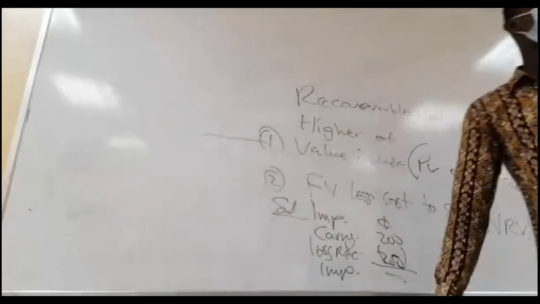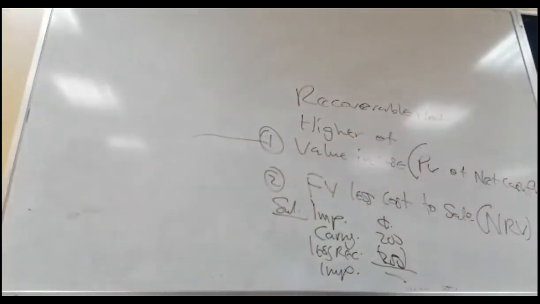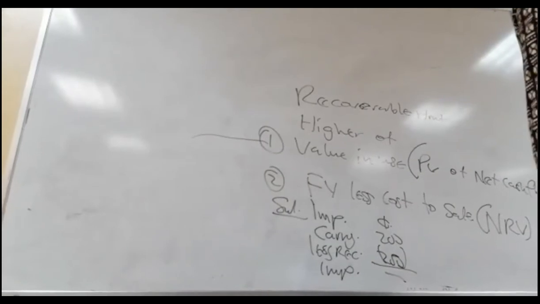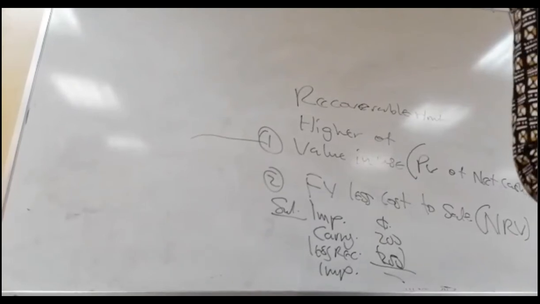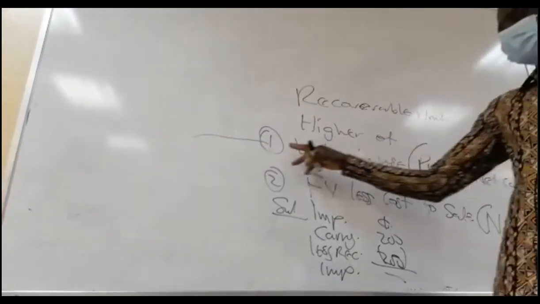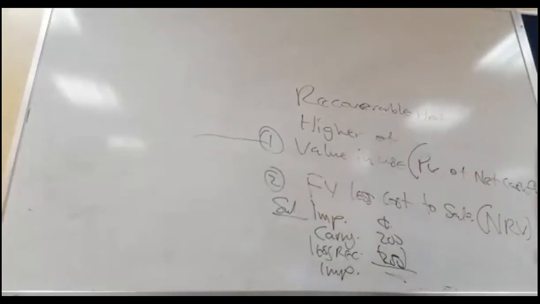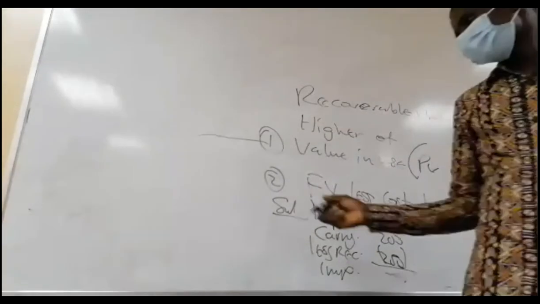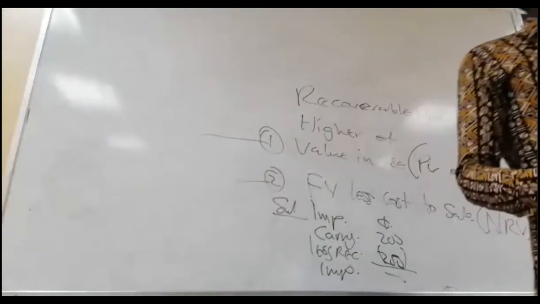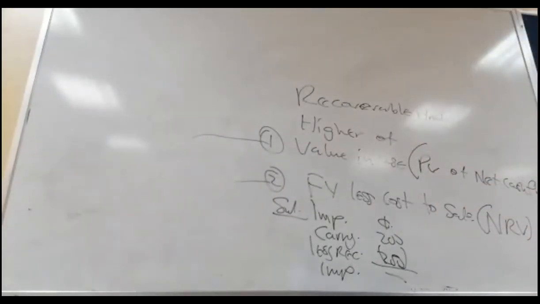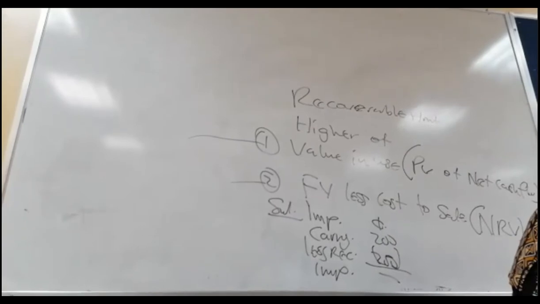The AC alone cannot produce the money that you want. The room alone cannot produce the money unless all of them come together as one. So it's very difficult for you to determine individually their value in use. However, you can get a fair value. So unless you put them together, then we can generate the value in use. So that is it.